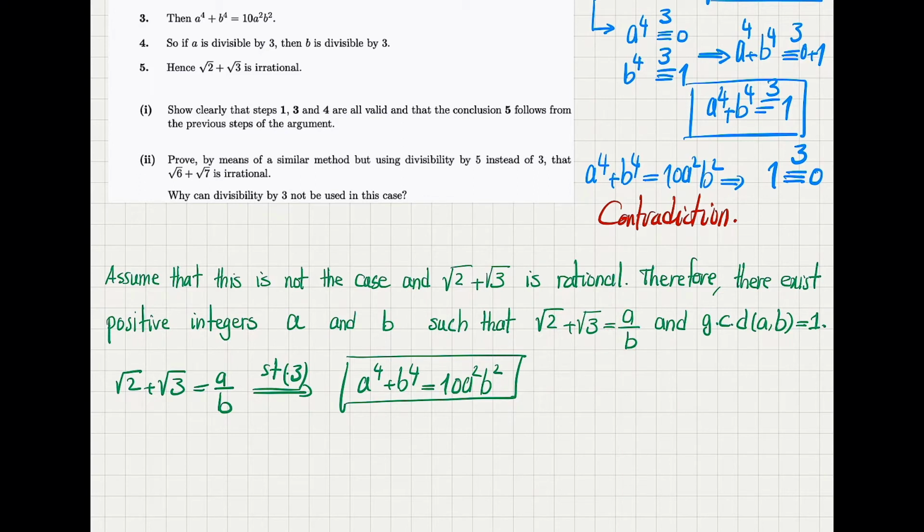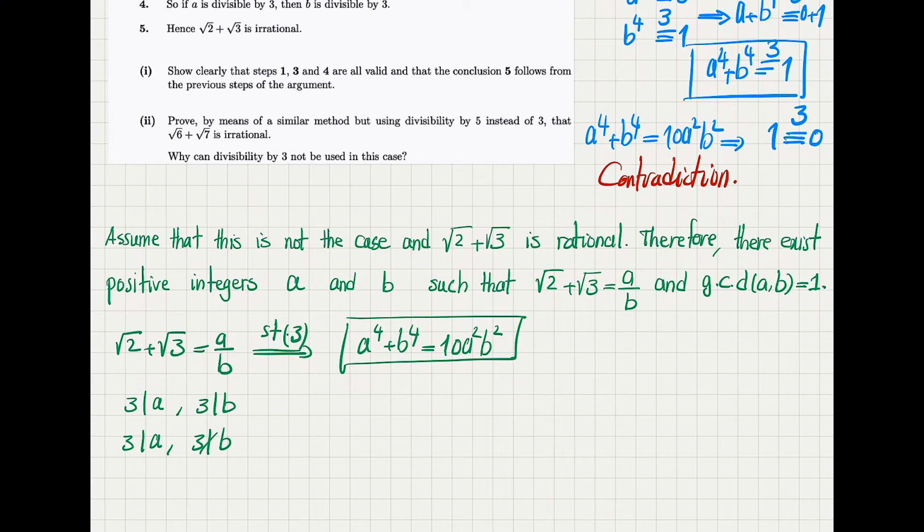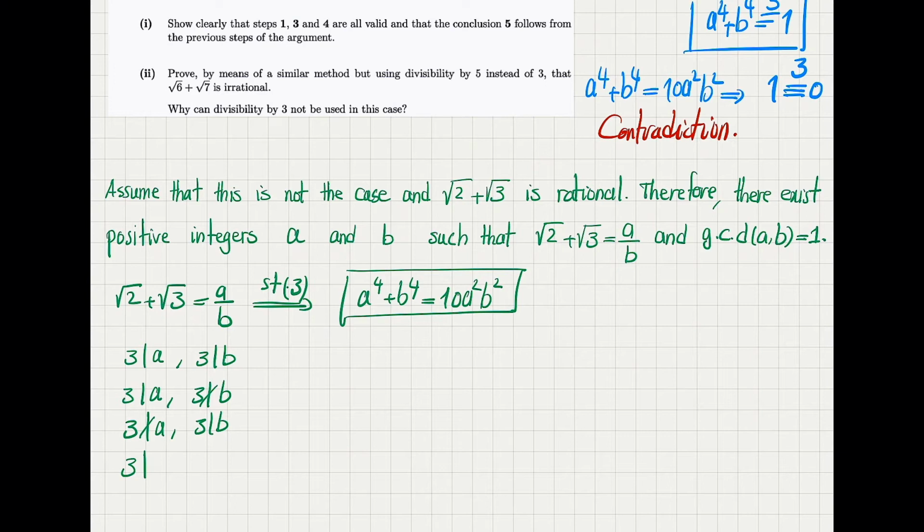For this pair of integers, I have 4 possibilities. Okay, what are those possibilities? So let me write it here. Either both of them are divisible by 3, or a is divisible by 3 but b is not divisible by 3, or a is not divisible by 3 but b is divisible by 3, and finally none of them is divisible by 3.